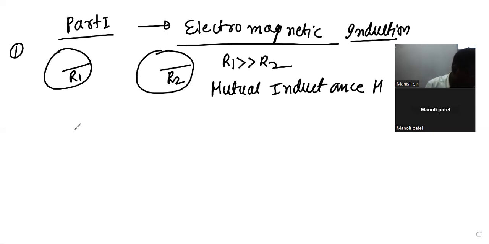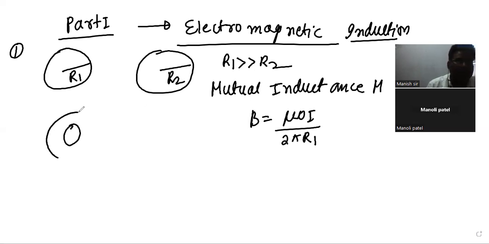Mutual induction is given by M. So the formula will be B is equal to mu naught I upon 2 pi R1, right? So your diagram will be looking like this. This is your R2, this is your R1. R1 is bigger than that.